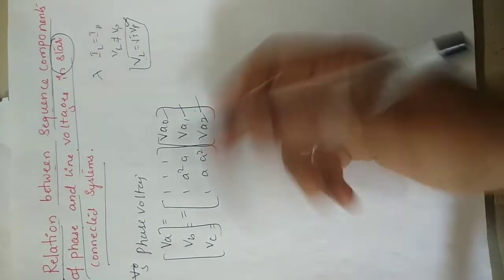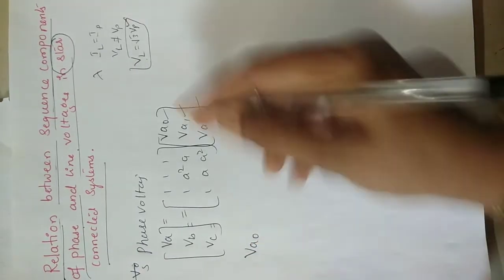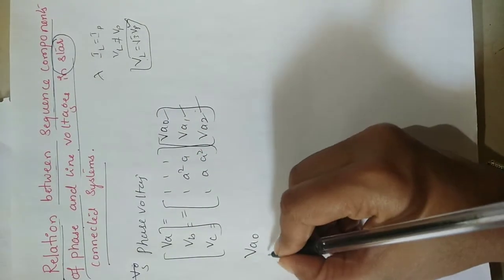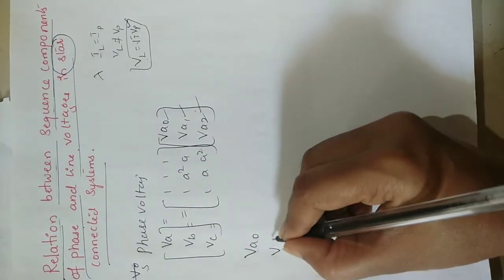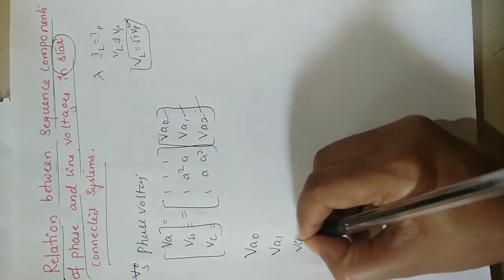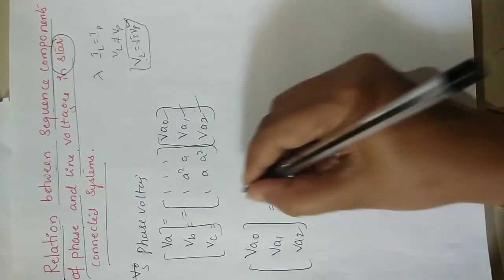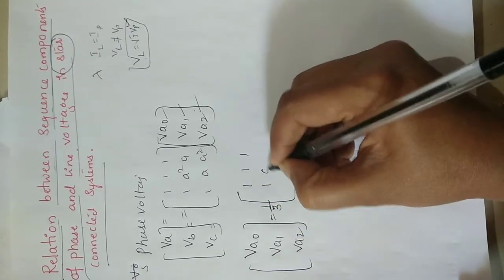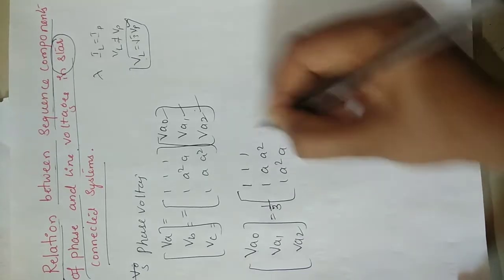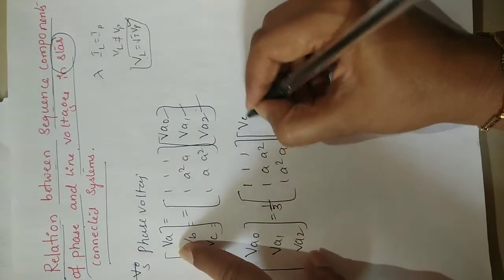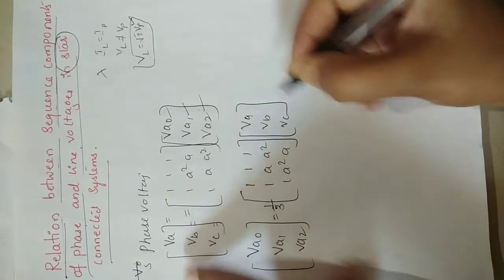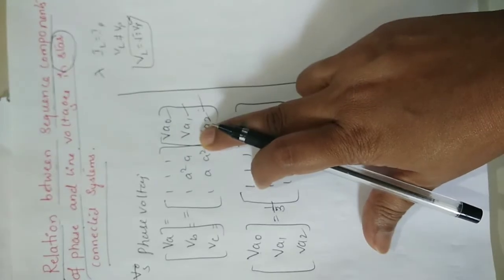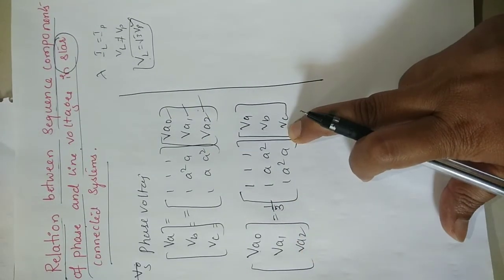You can also write it the other way: if you know the phase voltages, you can find the zero, positive and negative sequence components, which equal 1 by 3 into the matrix 1 1 1, 1 a a square, 1 a square a, into the phase voltages VA, VB and VC. This we know, right?